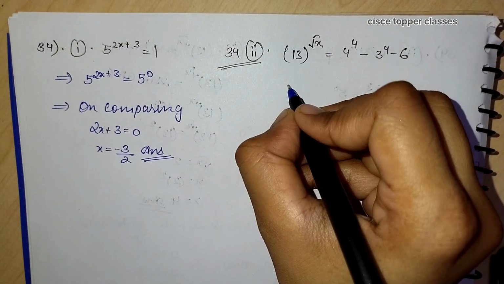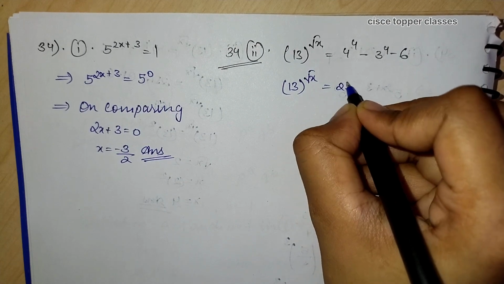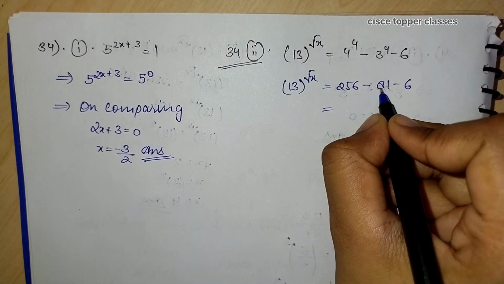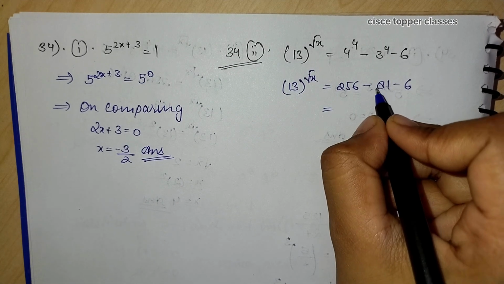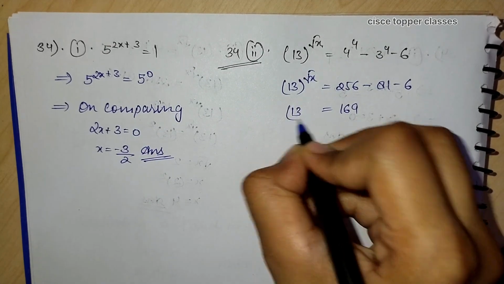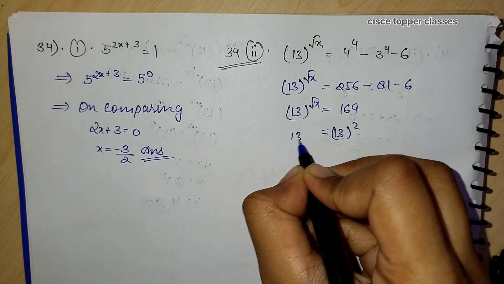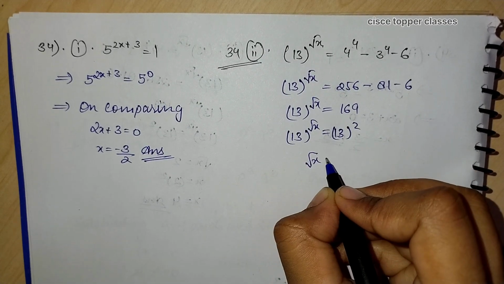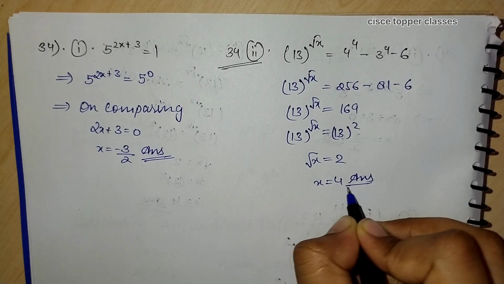From here it will be 13^(root x) equal to 256 minus 81 minus 6, and on solving this part, we subtract 87 from 256, so it will be 169, and here we can write 169 as 13 squared. Now we will compare the powers. On comparing we get root x as 2, and x is equal to 4 as the final answer.